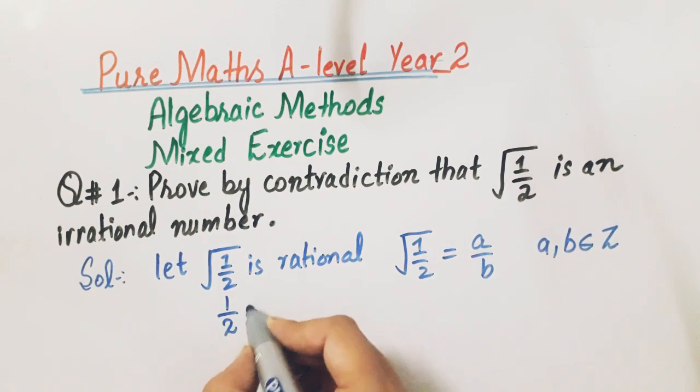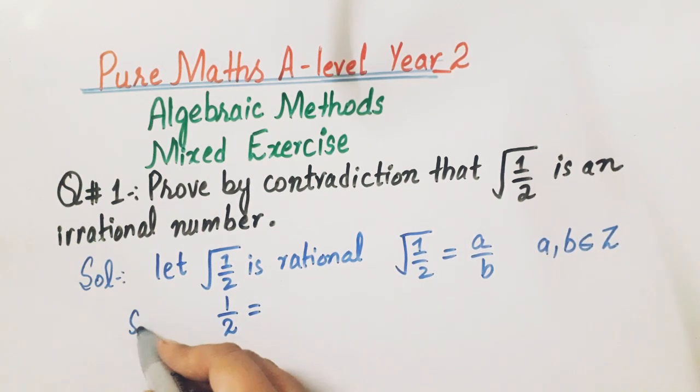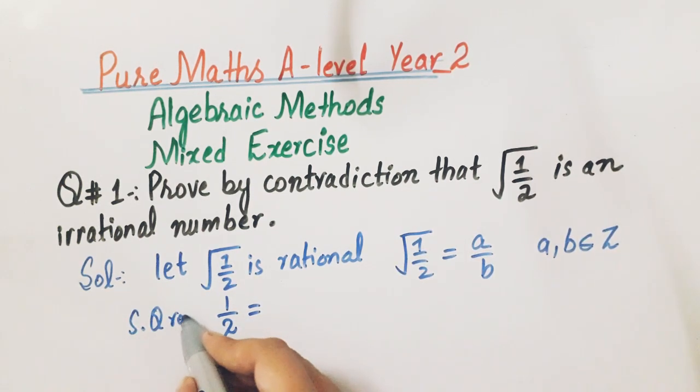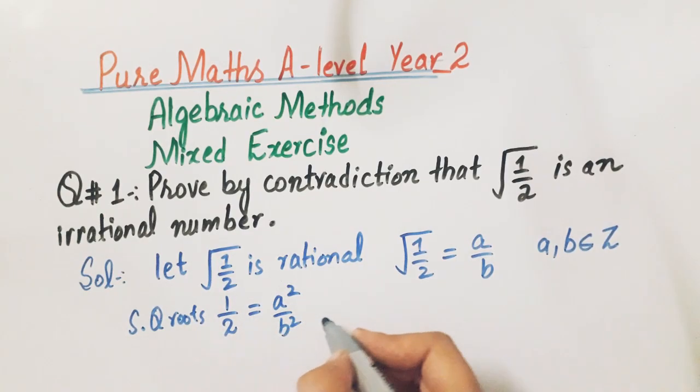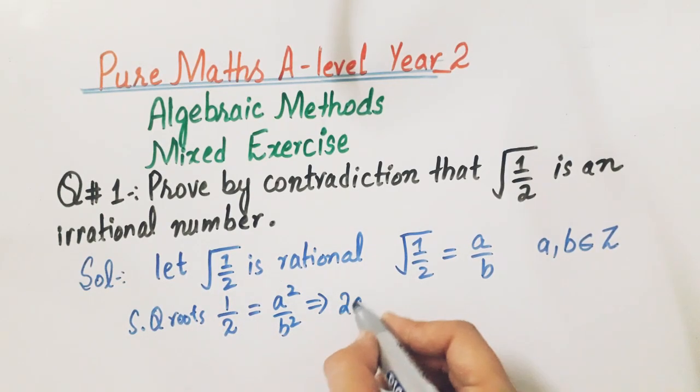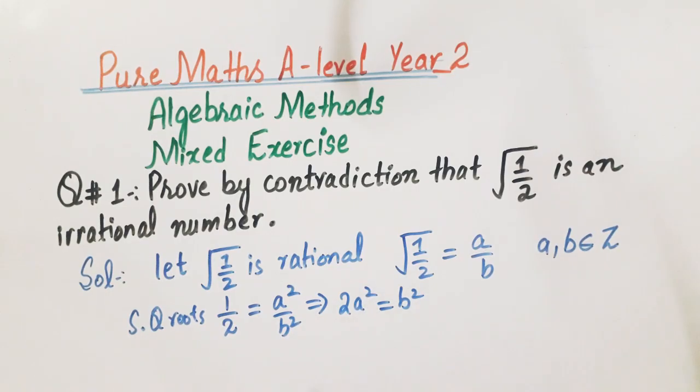Now we will solve this further. Taking the square on both sides, 1 over 2 equals a squared over b squared. This means that 2a squared equals b squared.